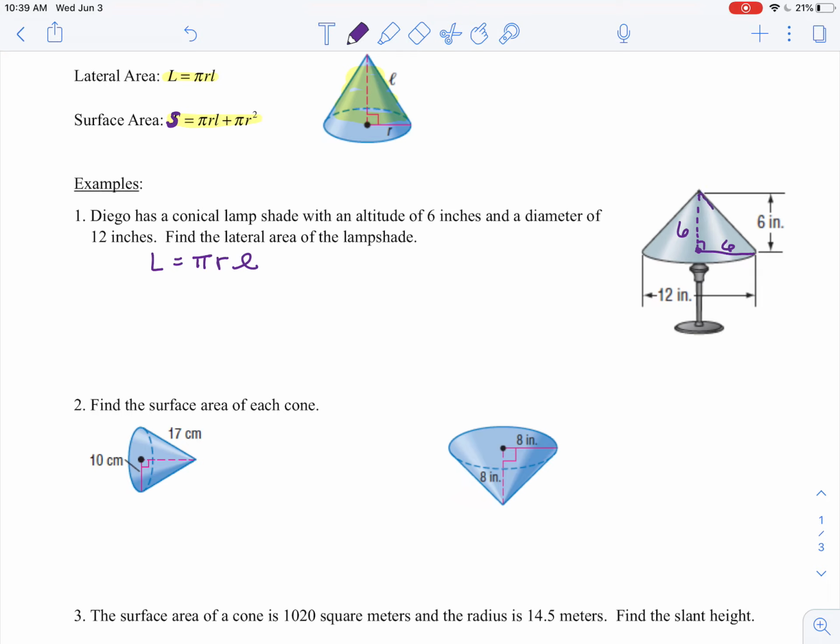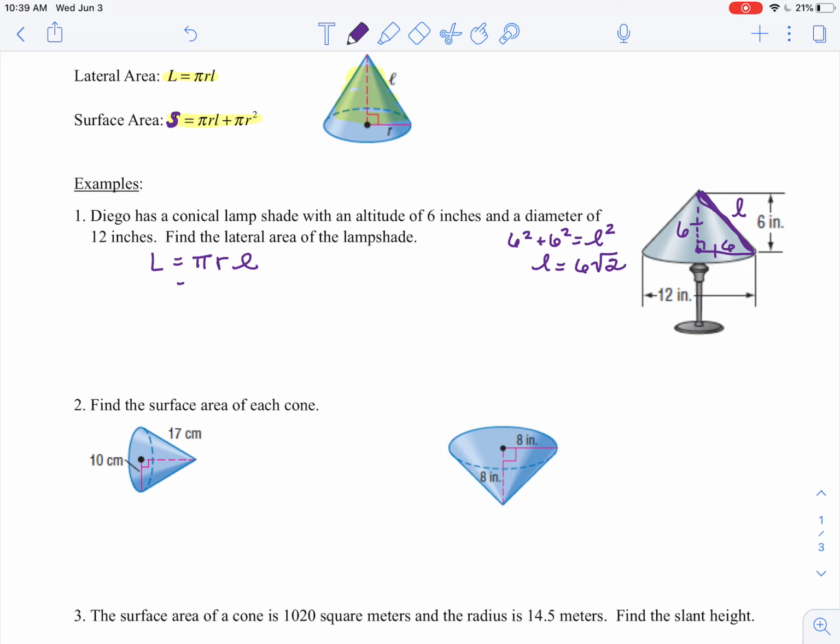To find the lateral area, we need to know the slant height. So if I create a right triangle from the height, radius, and slant height, I can find the slant height either by using Pythagorean theorem, 6 squared plus 6 squared equals L squared, or since I recognize that this is an isosceles right triangle, I know it has to be a 45, 45, 90, and that the slant height, therefore, must be 6 root 2 units.